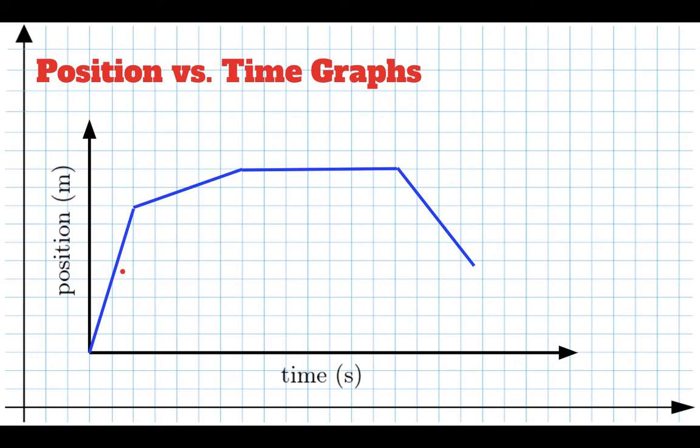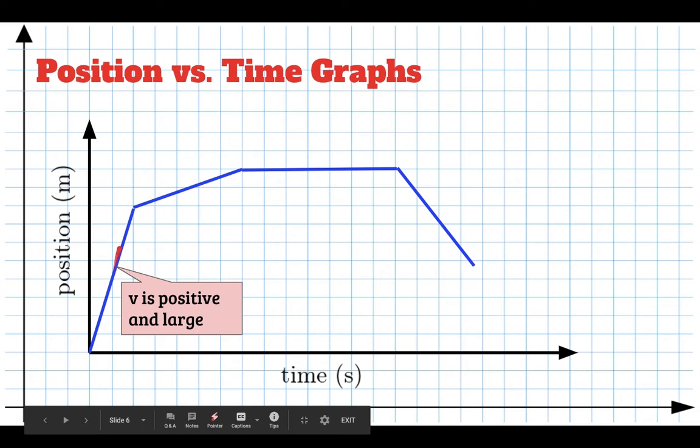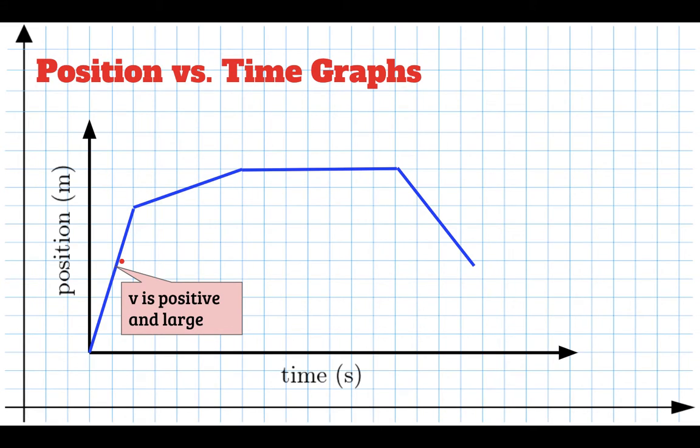During this first segment right here, the object has a positive velocity, and it's quite large because this slope is quite large. It's a steep slope. So the velocity is positive, it's moving fast to the right. In this next section here, it is still positive, but it's not quite so steep. So we could say that the velocity is smaller, but it's still positive.